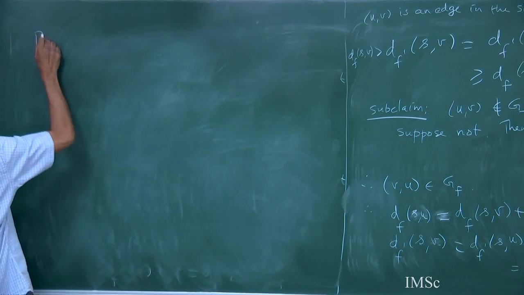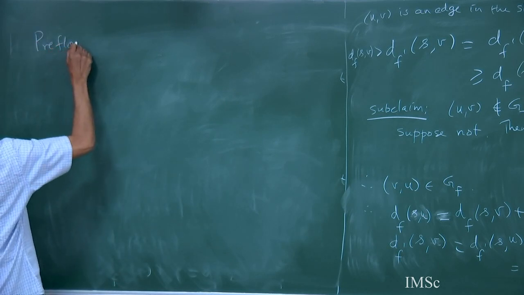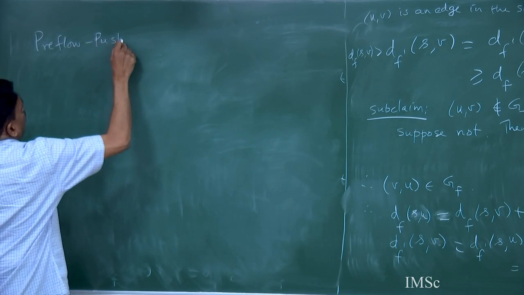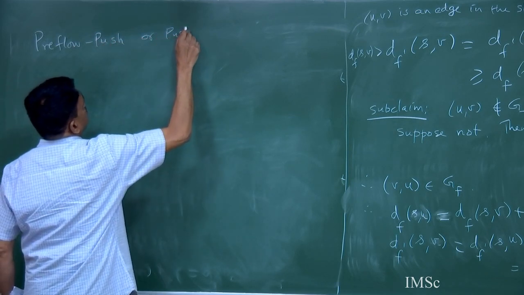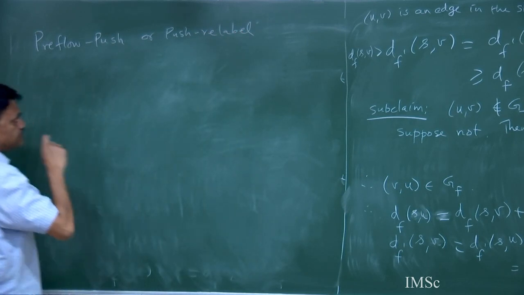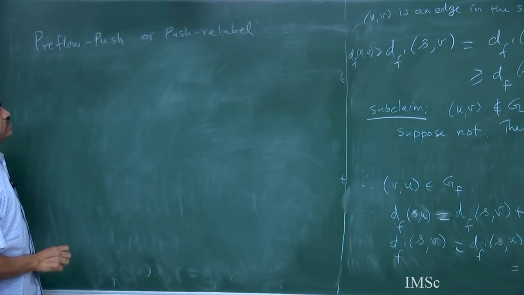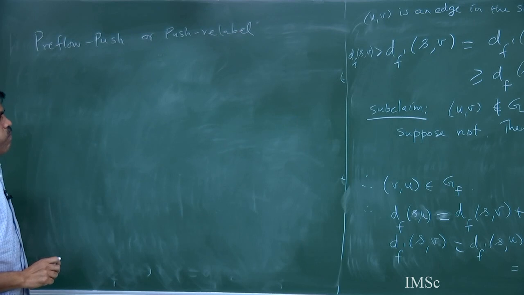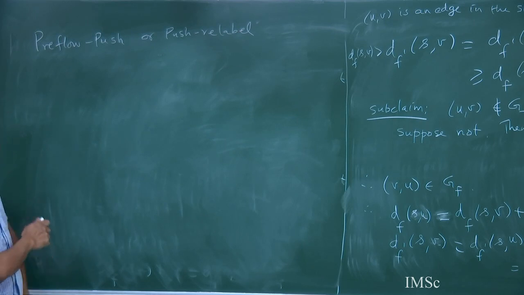These types of algorithms are called pre-flow push or push relabel algorithms. So we will actually reverse engineer sort of optimality here.